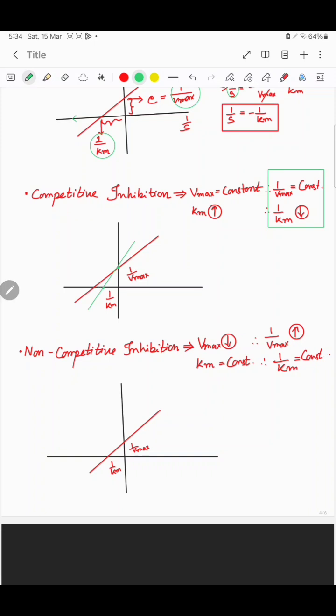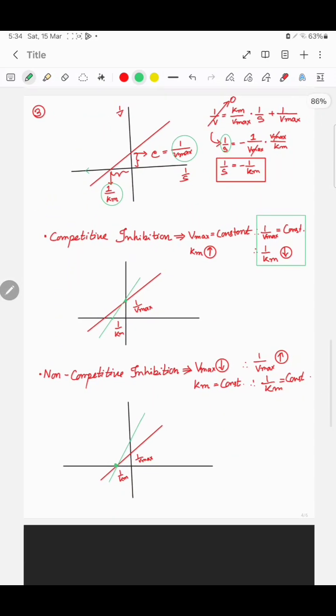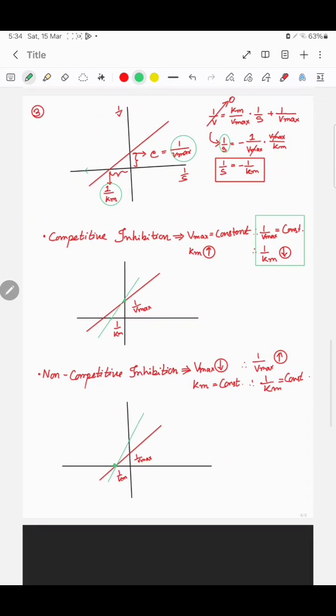So this remains constant, and 1 by Vmax actually increases, something like there. Now plot. So this is how the inhibition affects the curve.